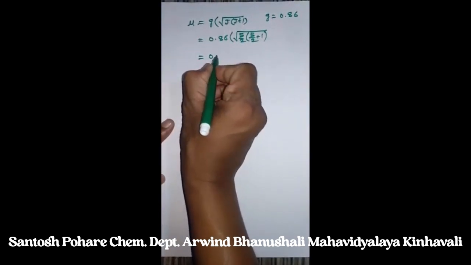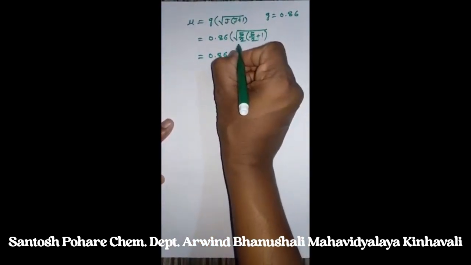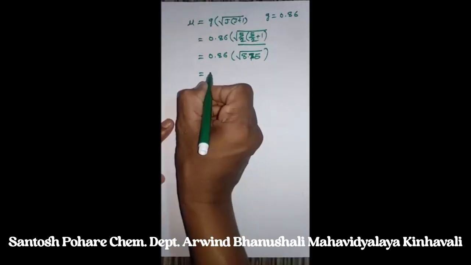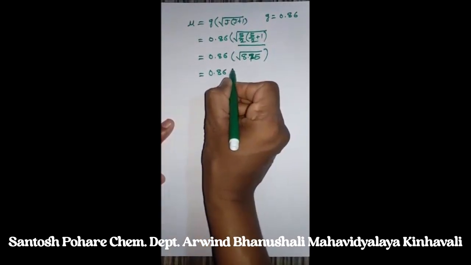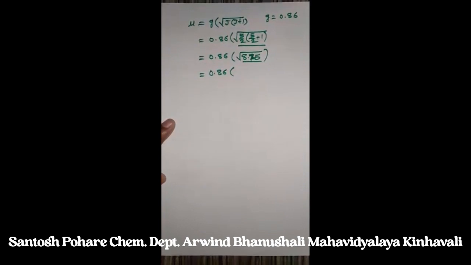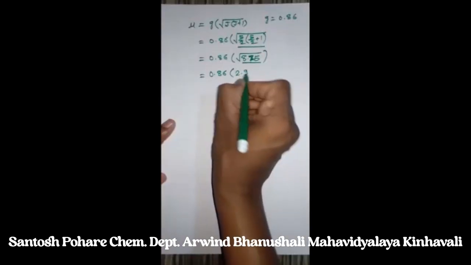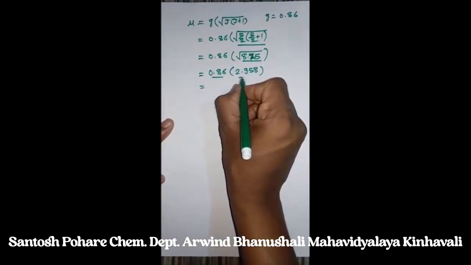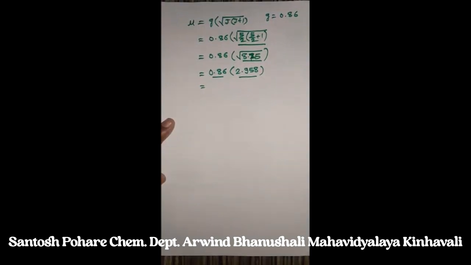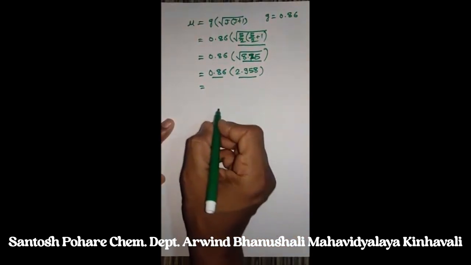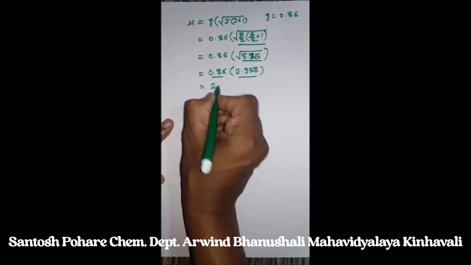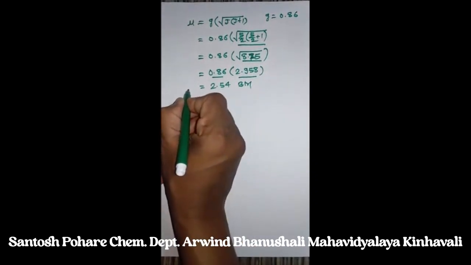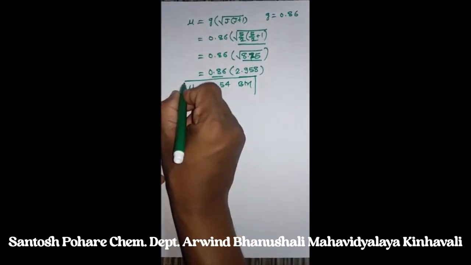We already simplified it earlier, 8.75, kept as it is, 0.86. We have to take the square root of 8.75, which is 2.958. And when we multiply the 0.86 into 2.958, we get the value 2.54 BM, that is Bohr magneton, and this is your magnetic moment.